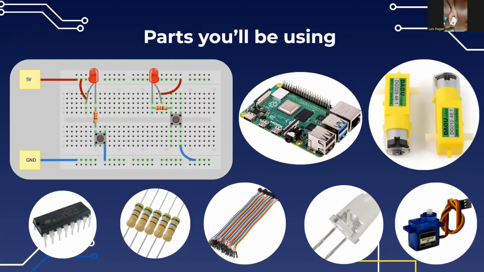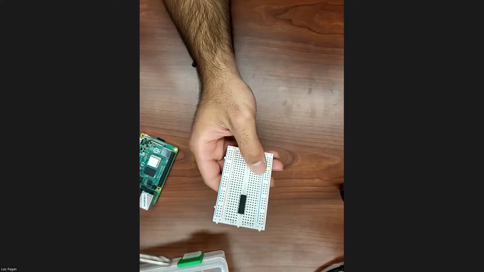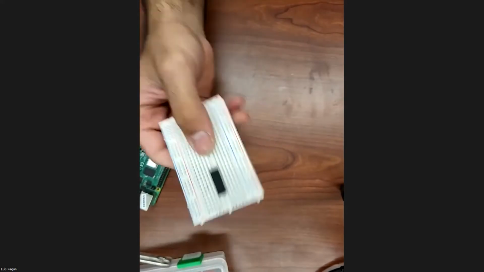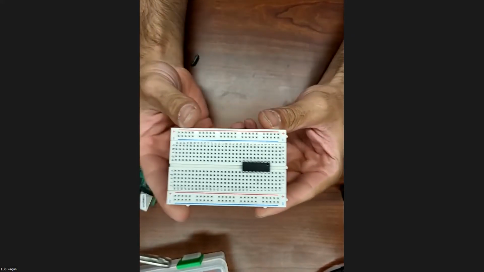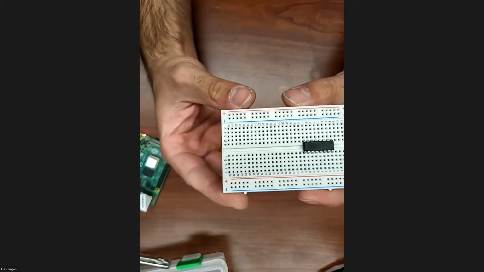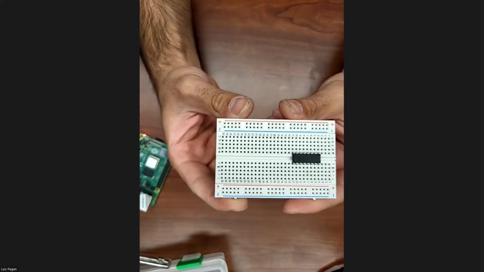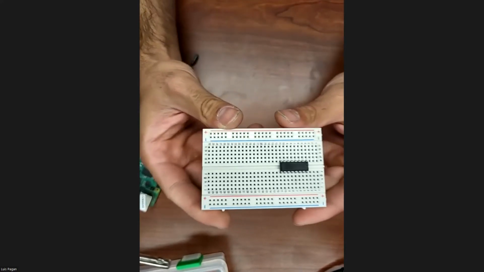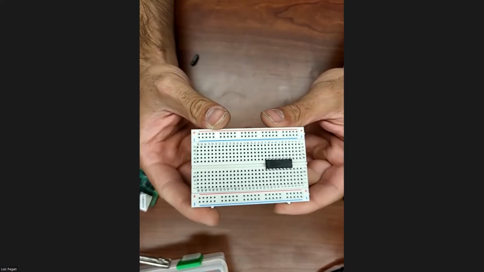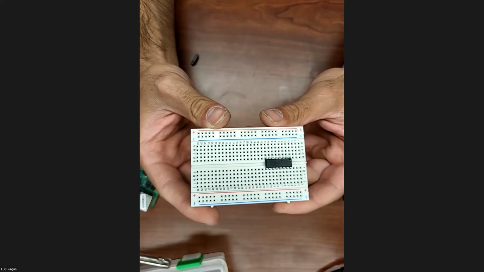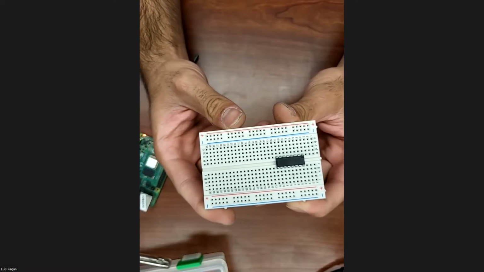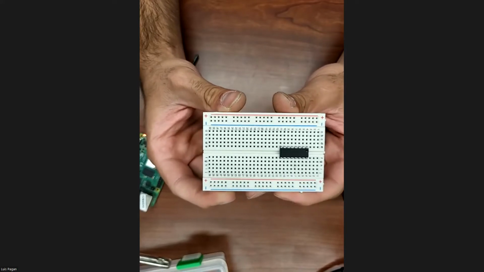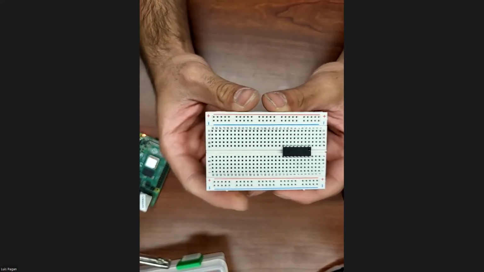But I want to go over what the actual breadboard is. Let me stop sharing for a sec so that I can focus on my camera input for my phone. So this is a breadboard. I don't know how well you'll be able to see this in the recording, but I think it would work out.